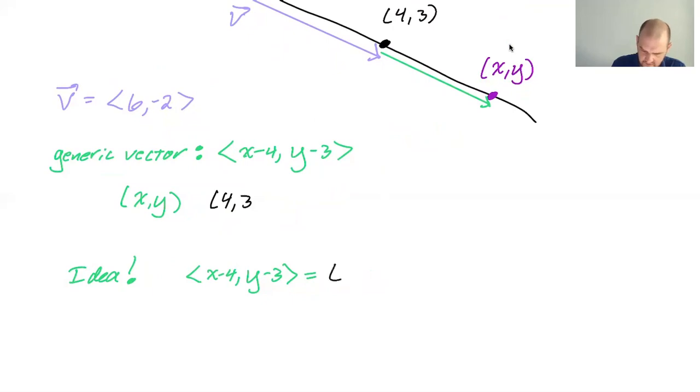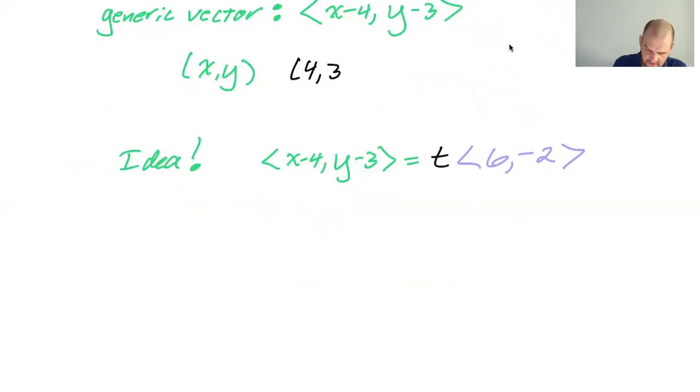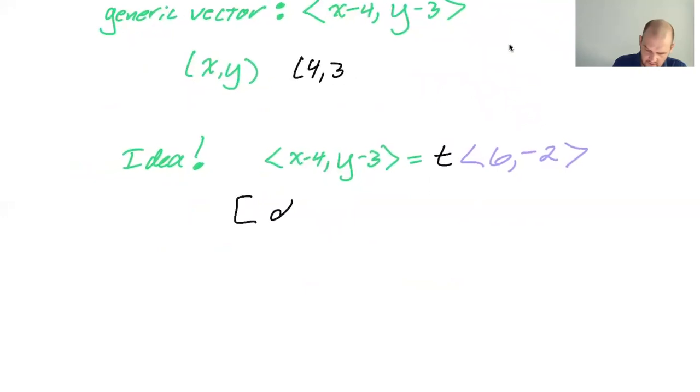Let's use t. t times 6, -2. This is by definition of parallel vectors. So this is all from the definition of parallel vectors. I'm going to go back to the notes and fill this in.